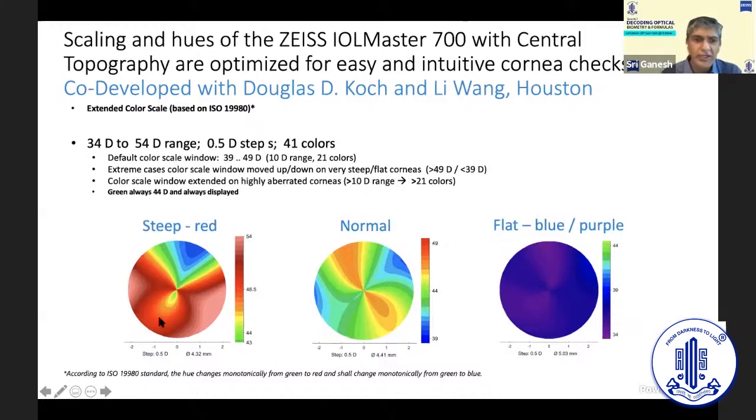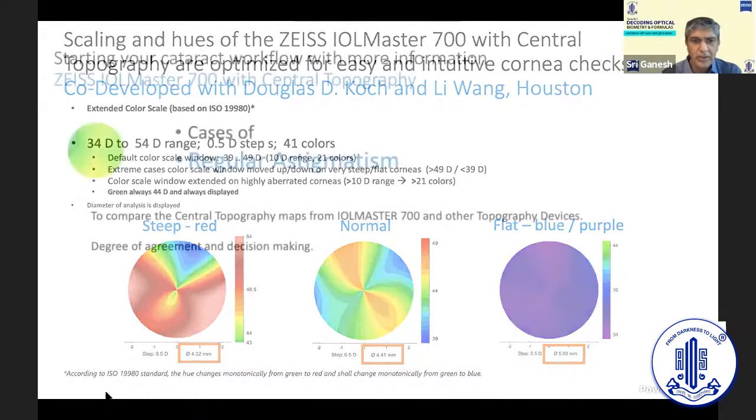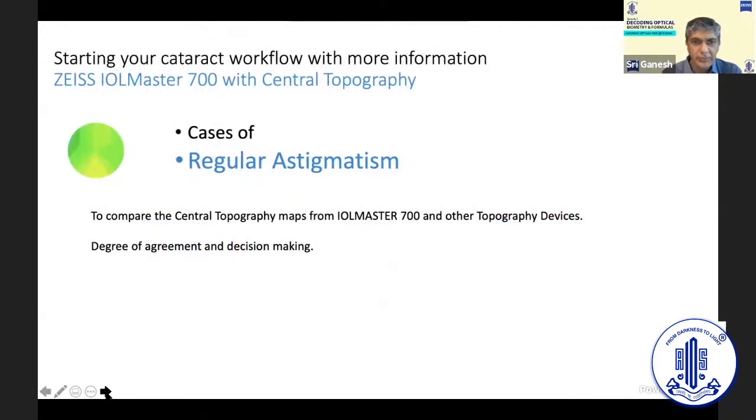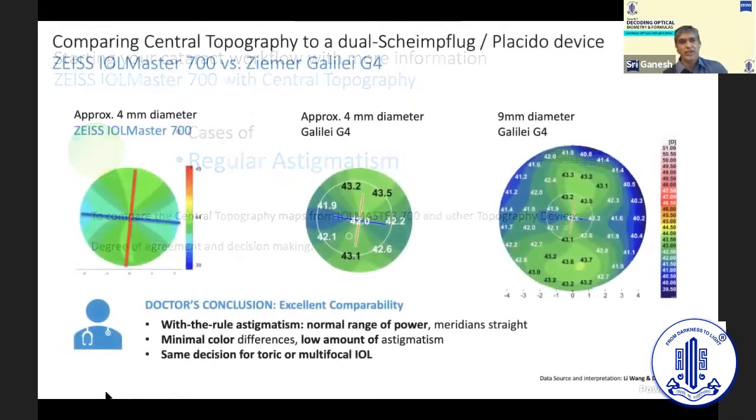Just by looking at it, you can see steep is red, normal is a mixture of green, which is the average normal. And this is a normal topography. If it's blue, it's a flatter cornea. And you can detect cases of regular or irregular astigmatism very easily by just looking at these maps.